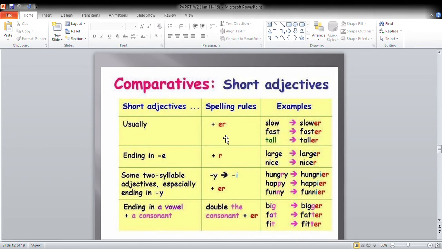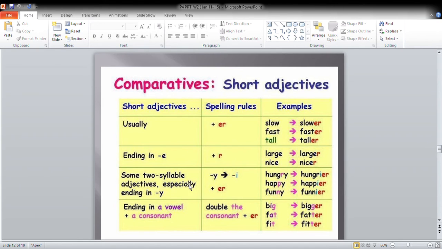Next, for adjectives ending in e, the rule is we add r. Example, large ends with e, so we only add r, so it becomes larger. Large, larger; nice, nicer.